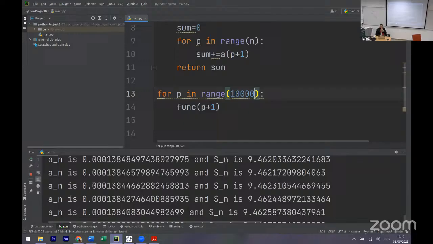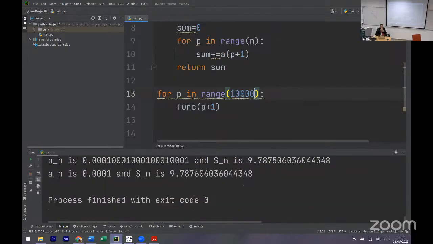Okay. So you see, and I think this is good as well, to be honest, because it shows you at least half of what I wish to show you. Where does an tend to? 0. Why? Because the size of the elements that we wish to sum up is getting smaller.